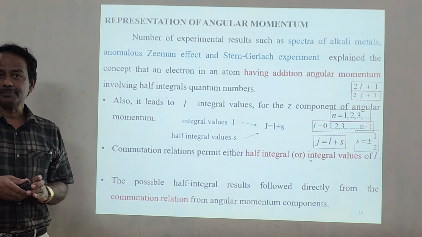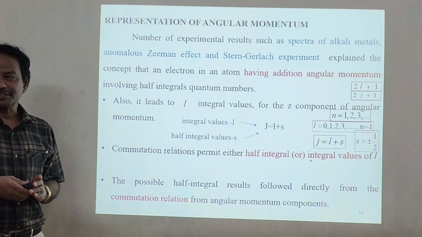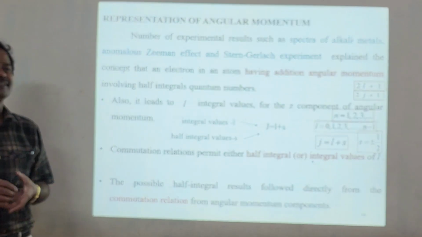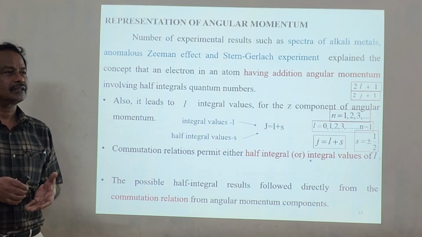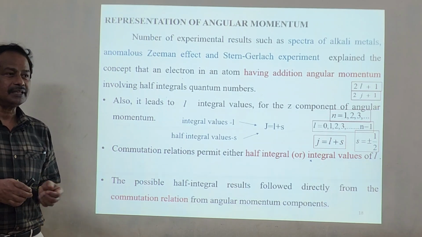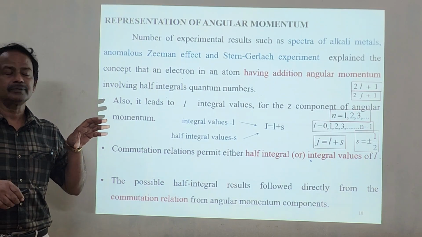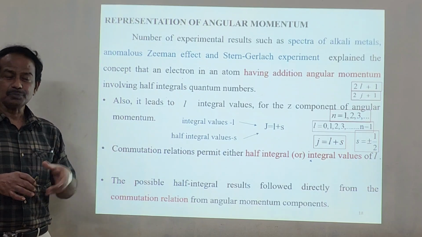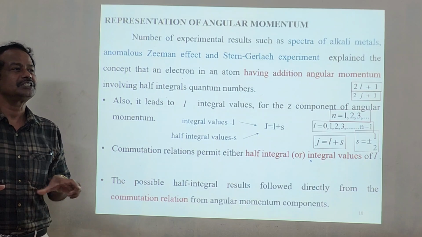When we talk about capital J equals capital L plus capital S, it corresponds to small j equals small l plus small s. Small j stands for the total quantum number, which is equal to the orbital quantum number plus the spin quantum number. This is very important.